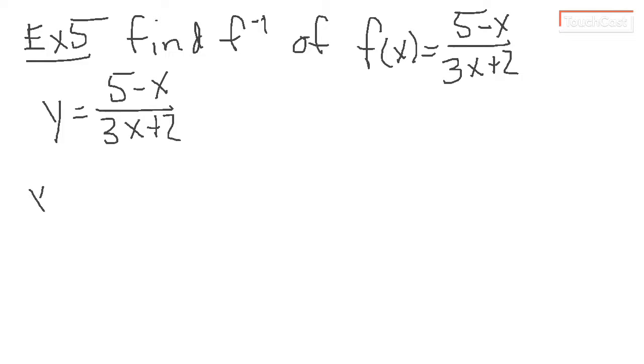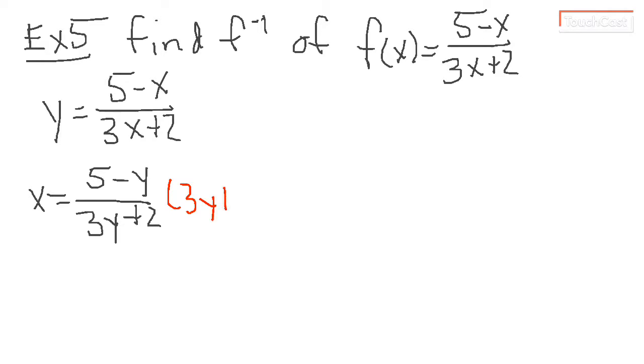So we're going to say x = (5 - y)/(3y + 2). Next, we are going to solve for y. To do that, we're going to multiply both sides by 3y + 2. We're going to try and get that y out of the denominator.